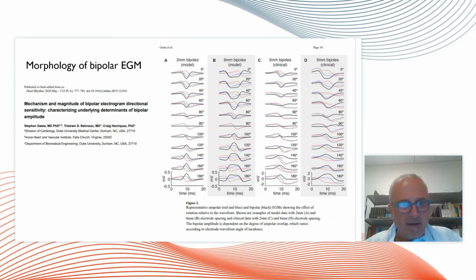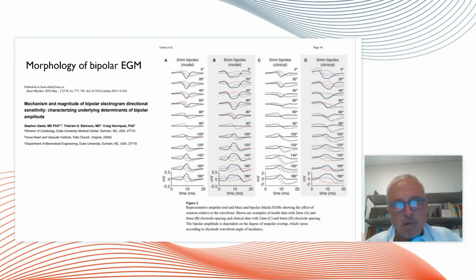This is a recent publication from Heart Rhythm on the morphology of the bipolar electrogram in black, depending on the angle of activation. And it's the same signal, but you see, depending on the angle, the bipole looks totally different. So don't go on the amplitude or on the morphology of bipolar electrograms.